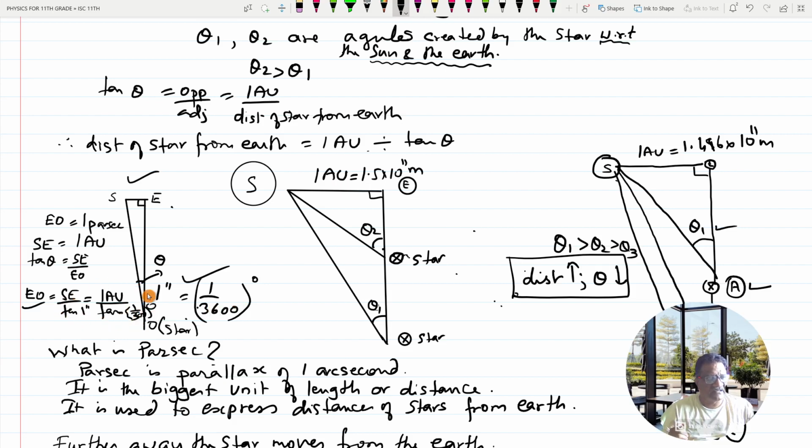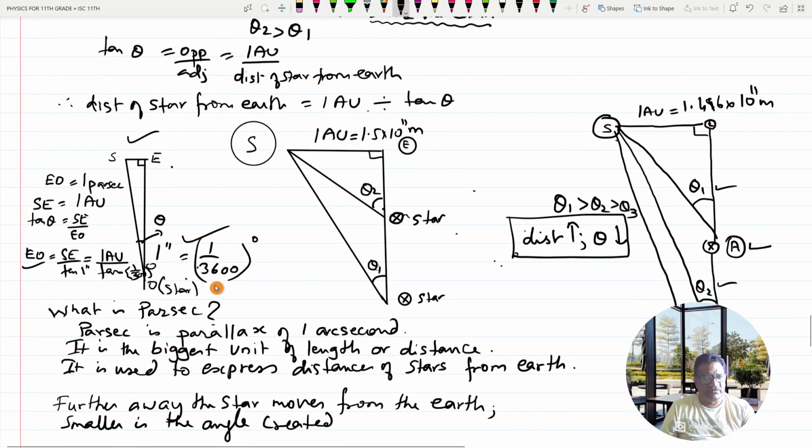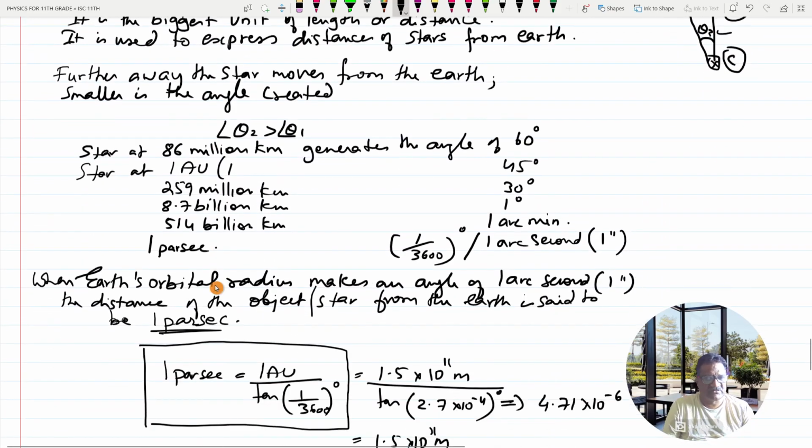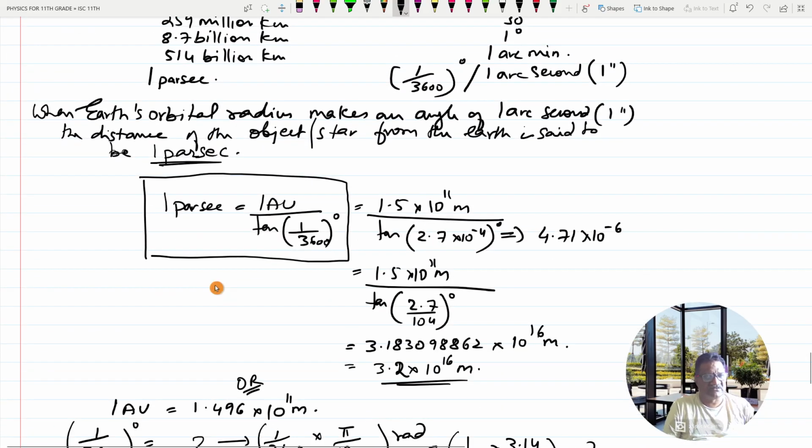So this EO, which is equal to 1 parsec, will be equal to 1 AU upon tan of 1 upon 3600 degree. That calculation I have also shown you over here. 1 parsec is equal to 1 AU upon tan of 1 upon 3600 degree.